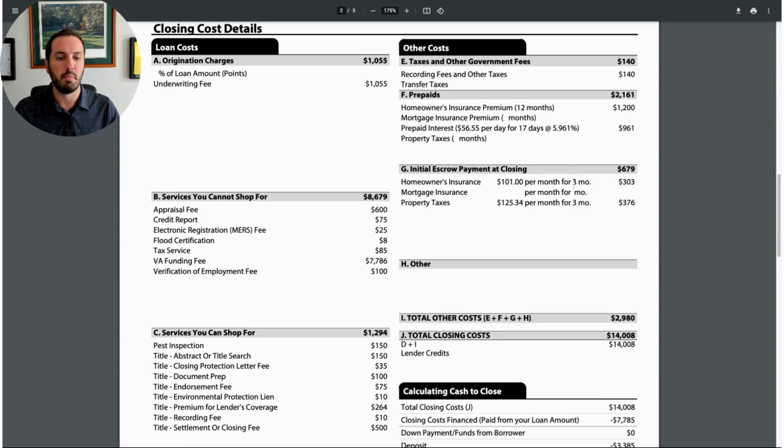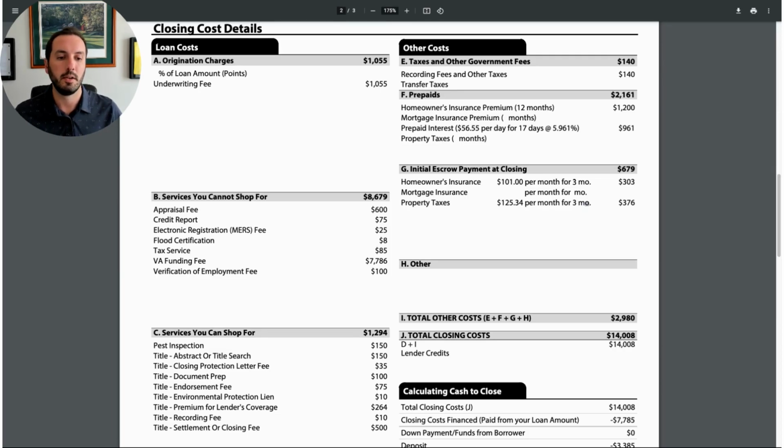But depending on your state, when property taxes are due, they're going to have to collect enough at closing and put it in an escrow account, so that the account has enough when those bills are due and doesn't go into a negative status. Like a bank account, if it goes negative, that's not good. So the title company and the lender will actually raise that according to when you're closing and things like that.